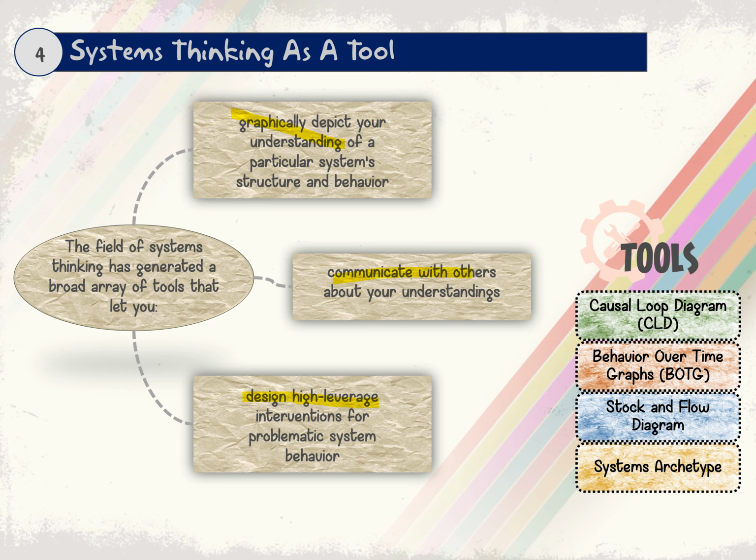There are a few tools that have been created. For example, we have the causal loop diagram, the behavior over time graph, the stock and flow diagram, and also systems archetypes. These tools will be covered in our next lecture.